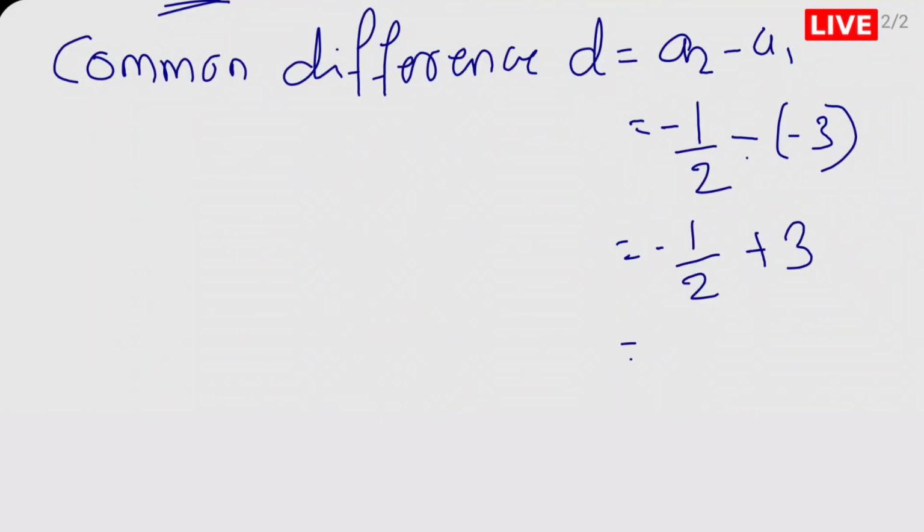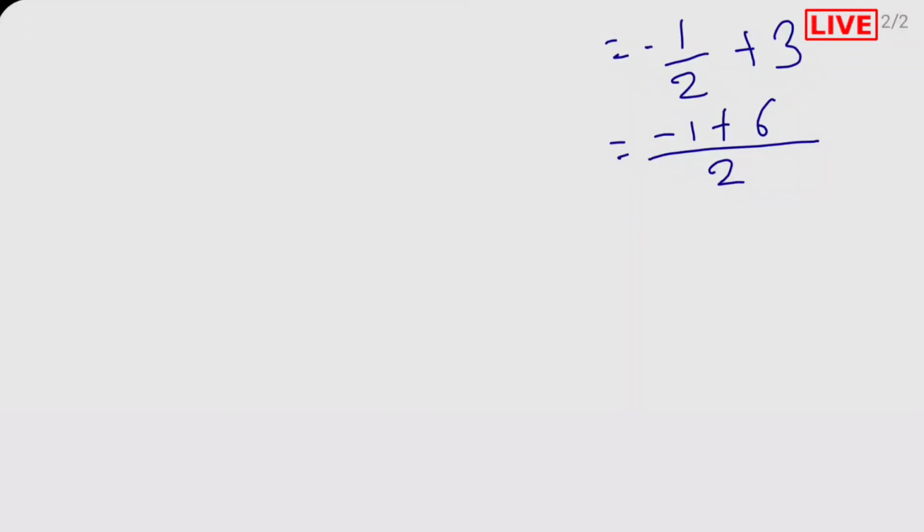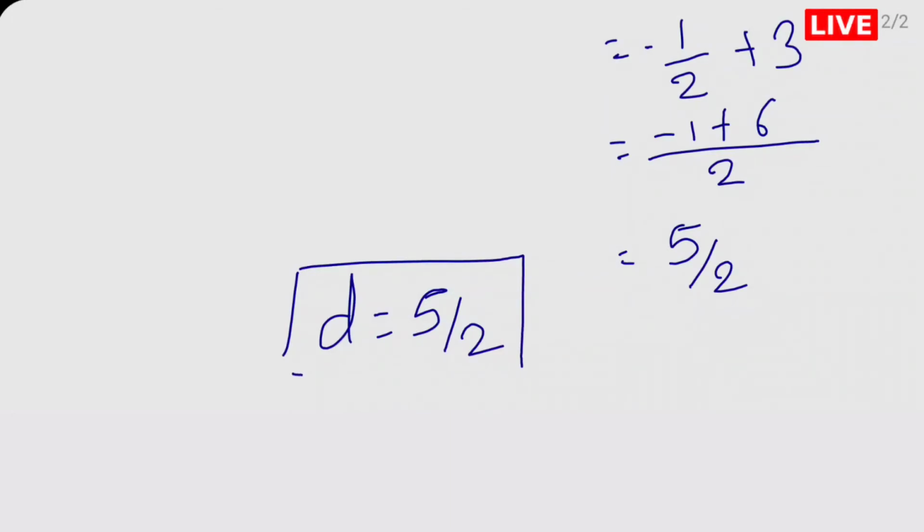Now take 2 as the LCM: minus 1, and 2 into 3 is plus 6. So minus 1 plus 6 is 5 by 2. So here D equals 5 by 2. The common difference is 5 by 2.